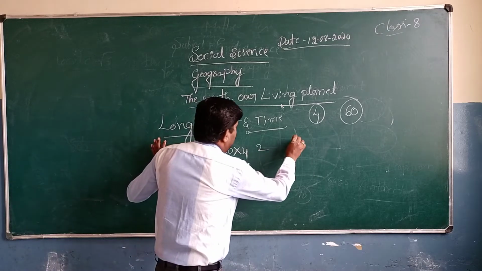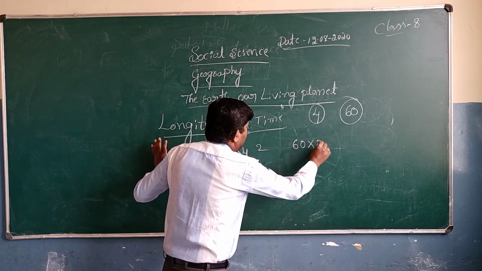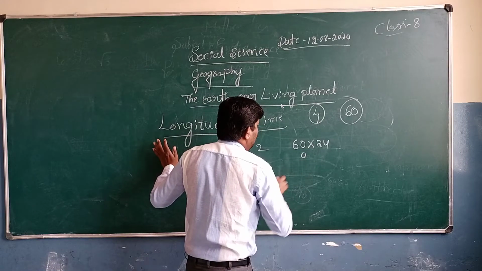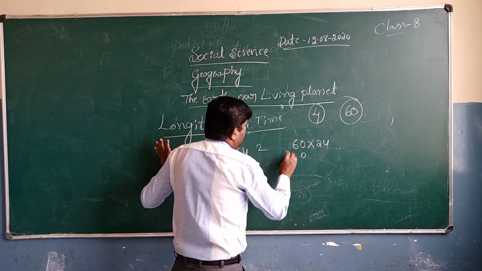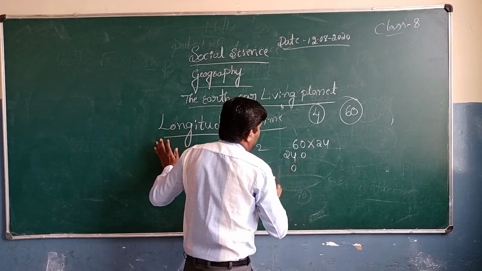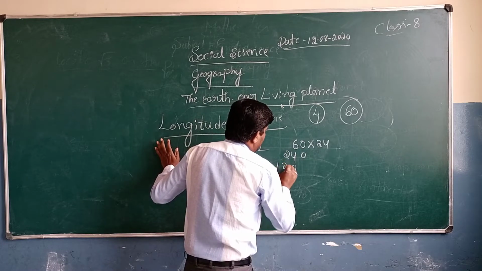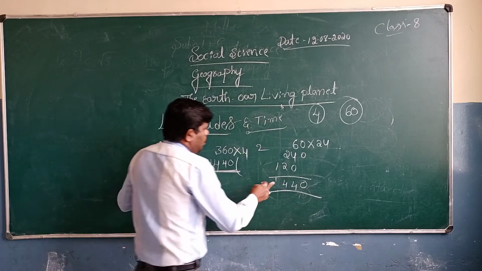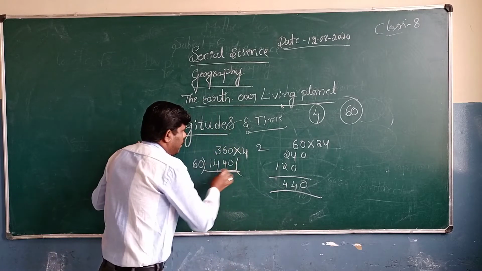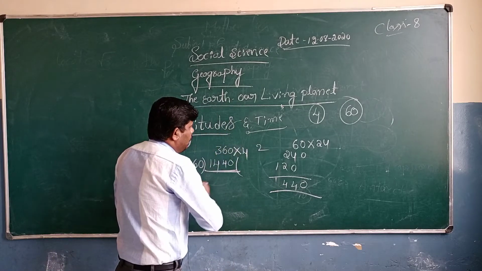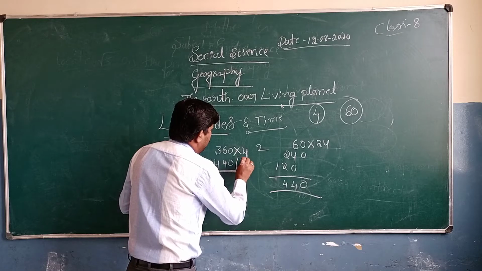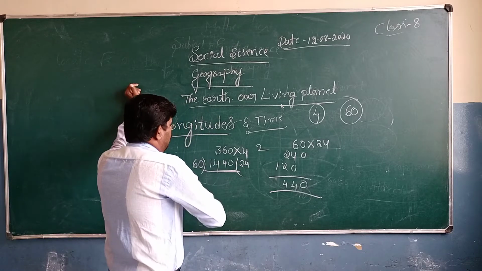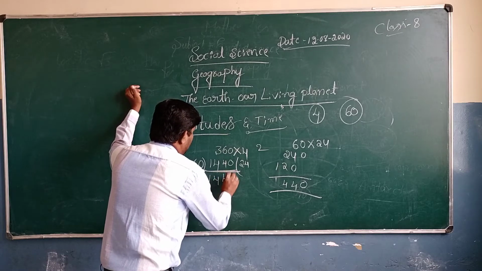Yes, 60 into 24. Right, this is so. 6 times 4 is 24, 2 times 0 is 0, 6 times 2 is 12. Right. 60 times 24 is 1440.